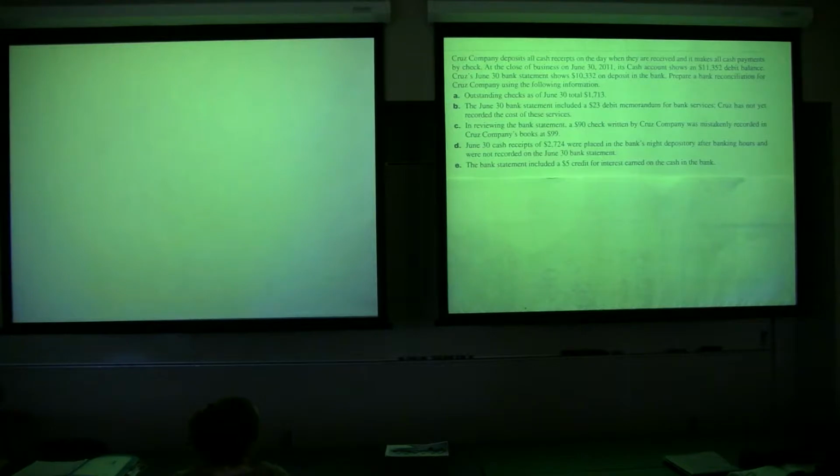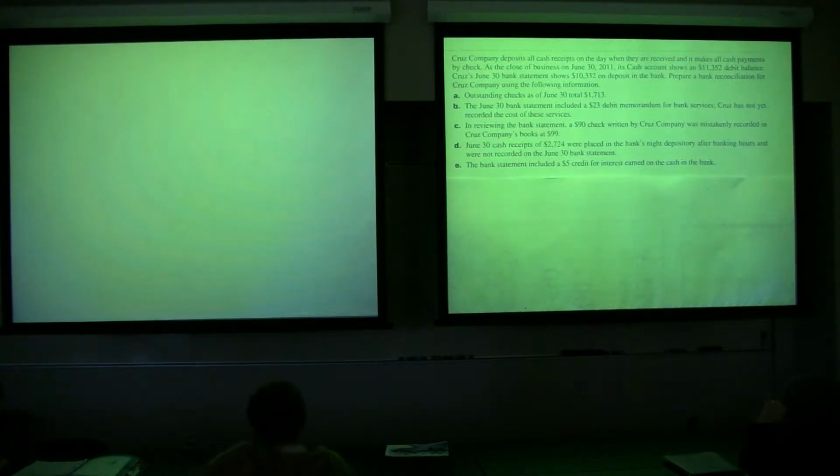At the close of business on June 30th, 2011, the cash account shows an $11,352 debit balance. By cash account, I've been calling that your check register. They call it the cash account. Cruise's June 30th bank statement shows $10,332 deposited in the bank, a different amount. Prepare a bank reconciliation.